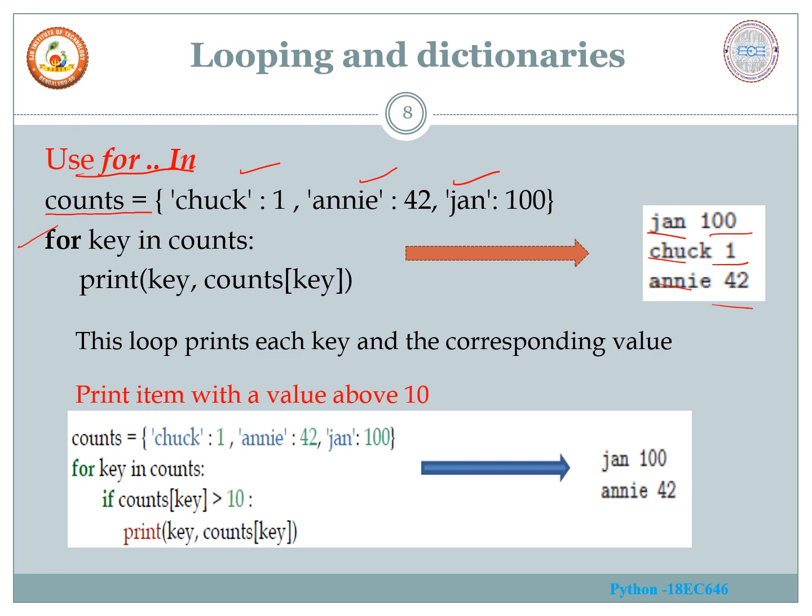When the loop starts, for each key in the variable counts, it prints the key along with the count, or the value, of the respective key. Now, when we see the output displayed, the keys are not in a particular order. The dictionary we have written begins with Chuck, Annie, and Jan, but when we actually display the result, the order of the result is changed.